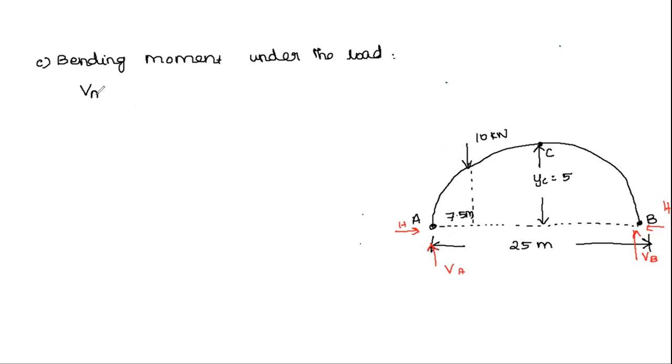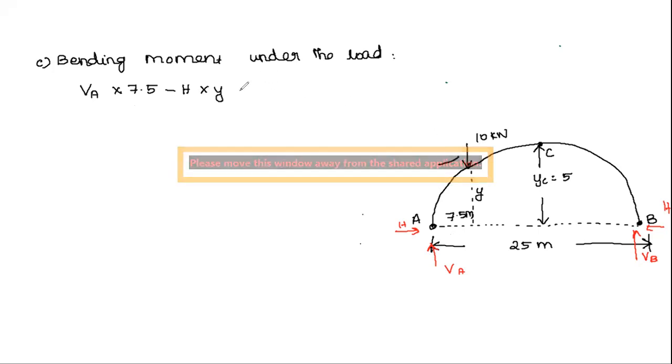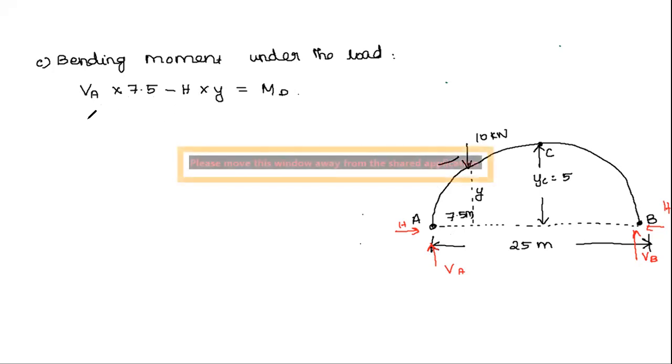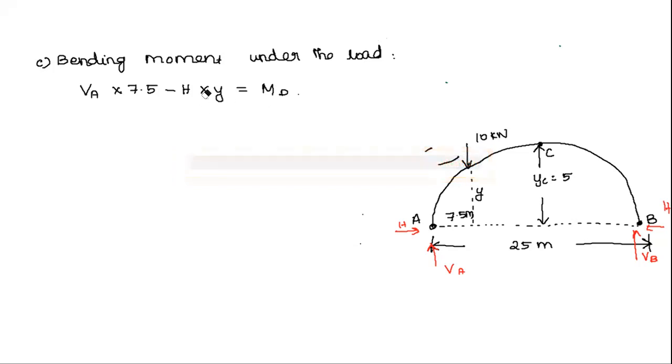VA, which is in clockwise direction, into 7.5, minus H into Y. This is the distance Y, which is equal to the moment about the point, let it be D. So VA into 7.5 minus H into Y. So to find the bending moment under the load, we should know what is the value for Y.